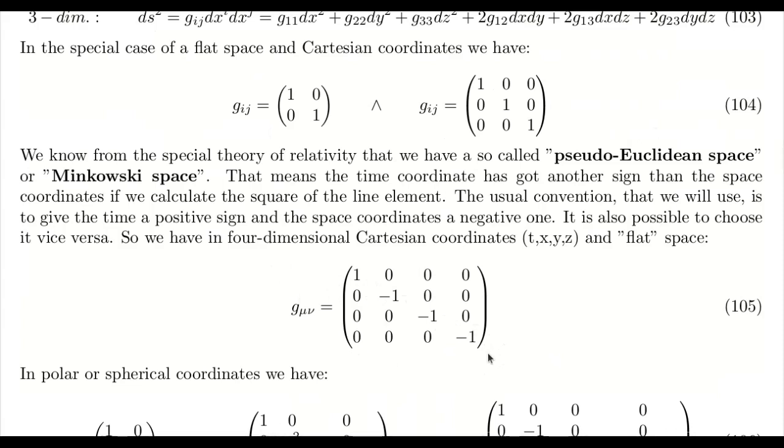Here, if we look at 105, this is the metric tensor in the four-dimensional flat space. The first coordinate is the time, and we count here from 0 to 3 in the coordinates. So the 0th coordinate is the time. Then the first coordinate is r or x, and the second is y or theta, and so on.